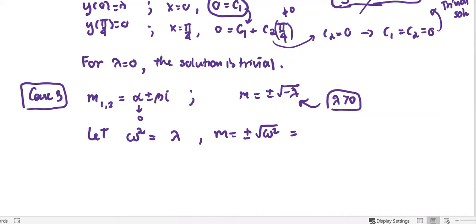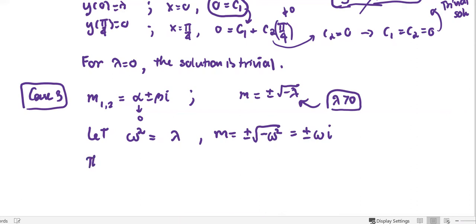So then we have m equals square root of negative omega squared. Let me clean this up a little bit. Square root of negative omega squared gives us plus minus omega, and the i, the complex number, comes out. We have to retain the negative sign in there, right? So m equals plus minus omega i.